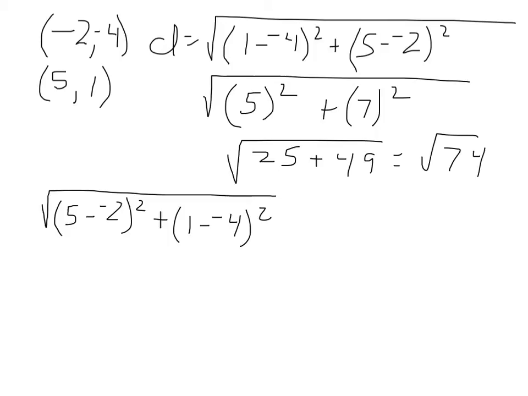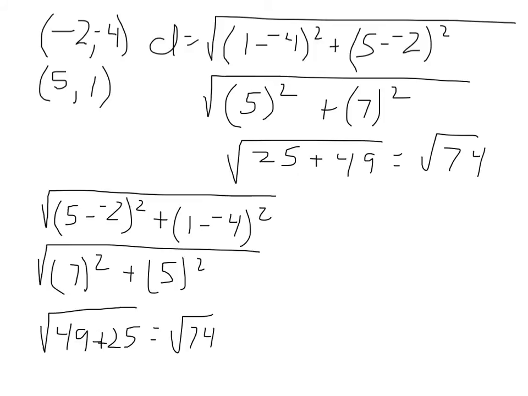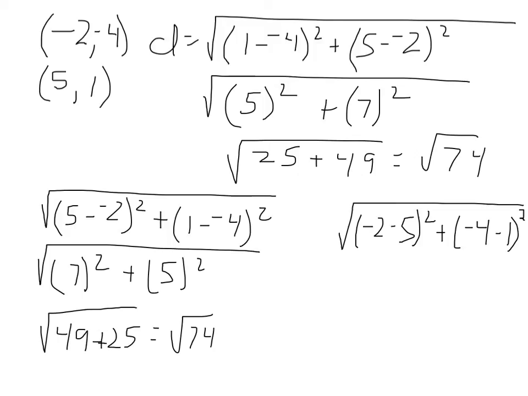Now let's start with our x's. Let's do the square root of the quantity of 5 minus a negative 2 squared plus the quantity of 1 minus a negative 4 squared. And as you can see, when we simplify this, we get the square root of 74. And lastly, now let's start with the negative 2. You get the square root of the quantity of negative 2 minus 5 quantity squared plus negative 4 minus 1 quantity squared.